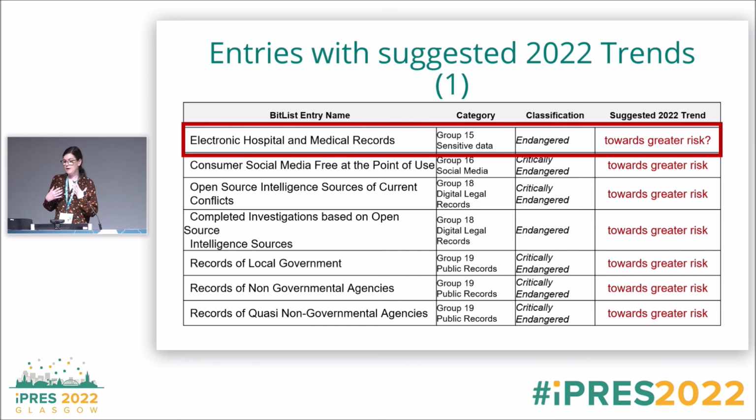Has COVID and pandemic and greater strains created an increased risk from 2021 to 2022? As you can also see here, these are 7 of the 14. We have them generally grouped into categories, so this is a way to see signposts. And these are other ones where there was consensus that they are moving towards greater risk compared to where they were last year.